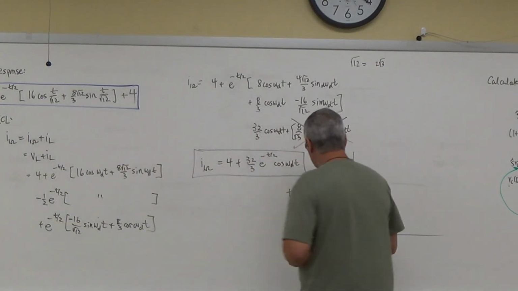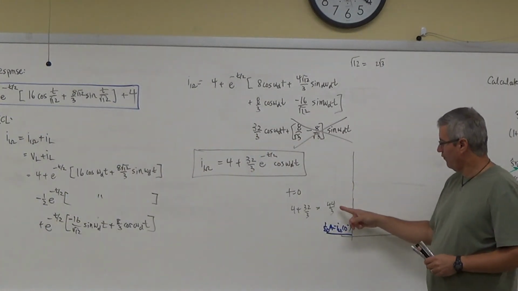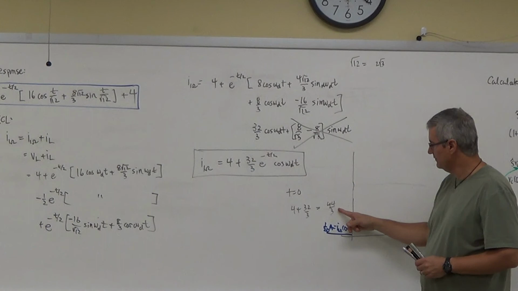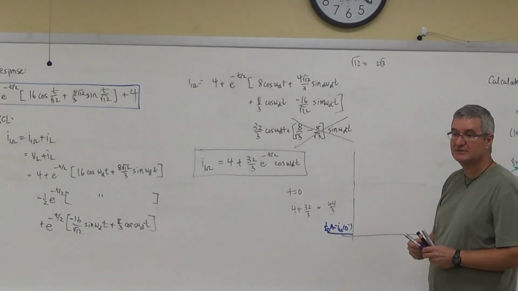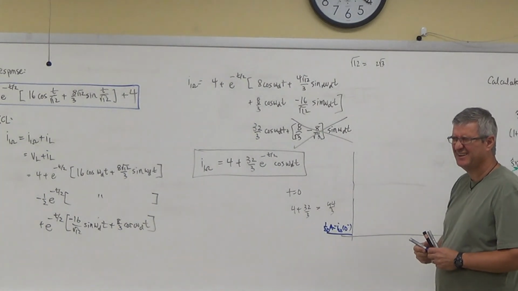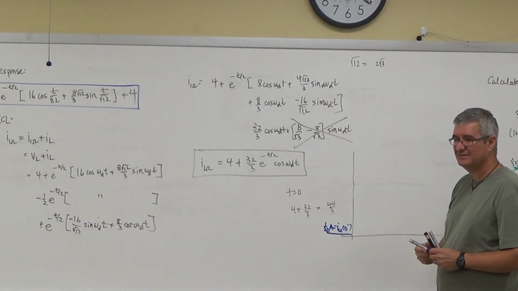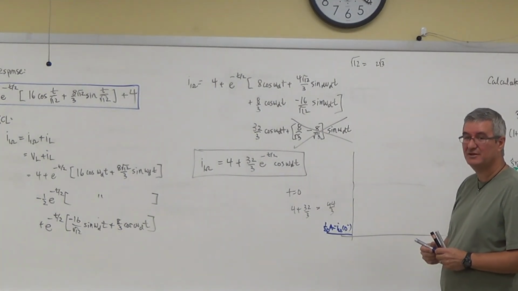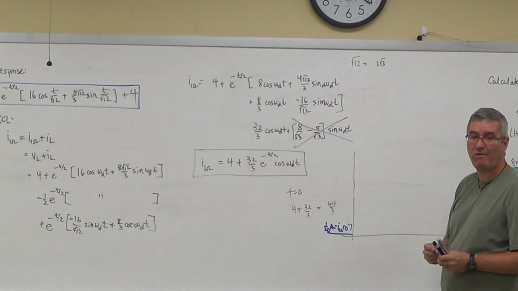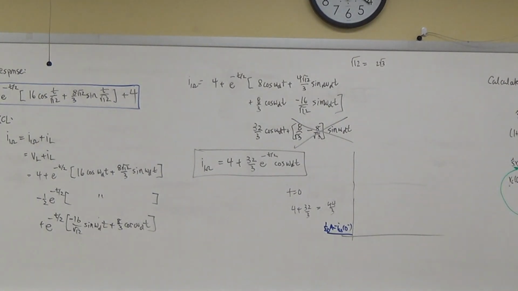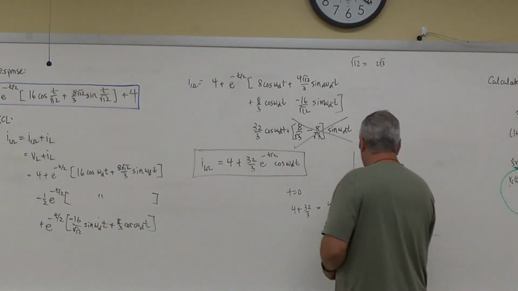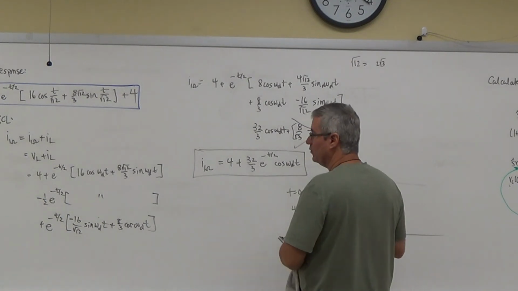It jumps up to 44 over 3, which is way the hell up there, right? That's what? Like 13? Yeah. Didn't we get just 20 amps initially? Not 1 over 20? Was it 20 amps? Oh, thank you. We did get 20 amps. Where am I getting 120?